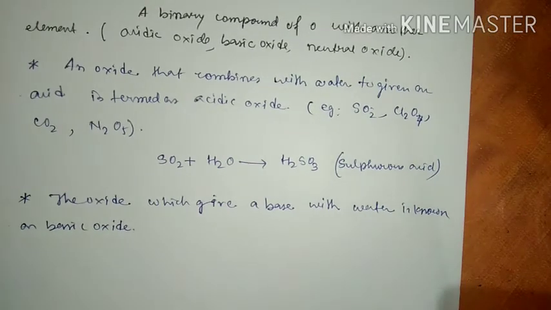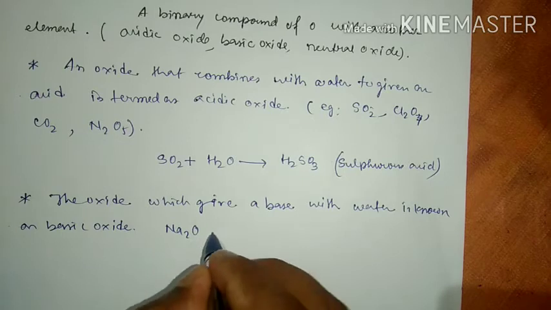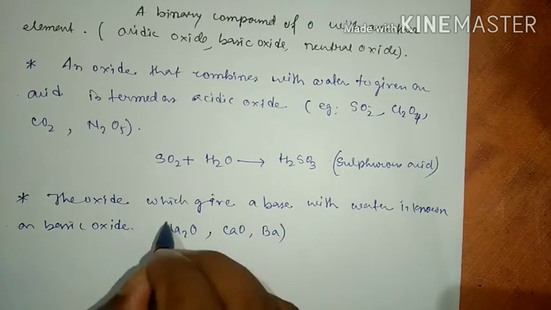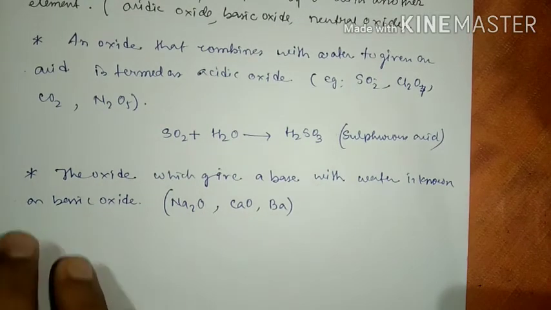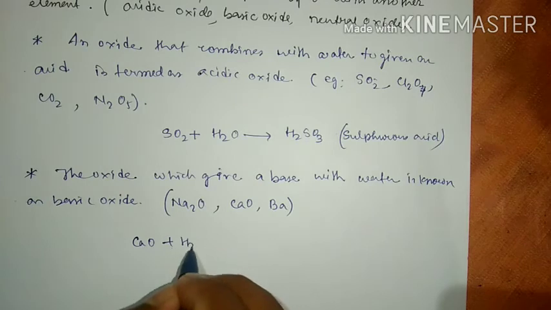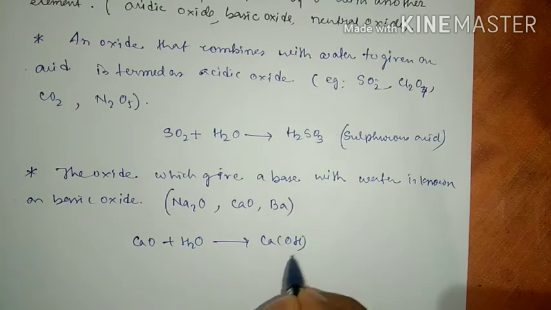Some examples of basic oxides are Na2O, calcium oxide, barium oxide. Suppose we write an example with calcium oxide. When calcium oxide reacts with water, it produces calcium hydroxide, which is a base.